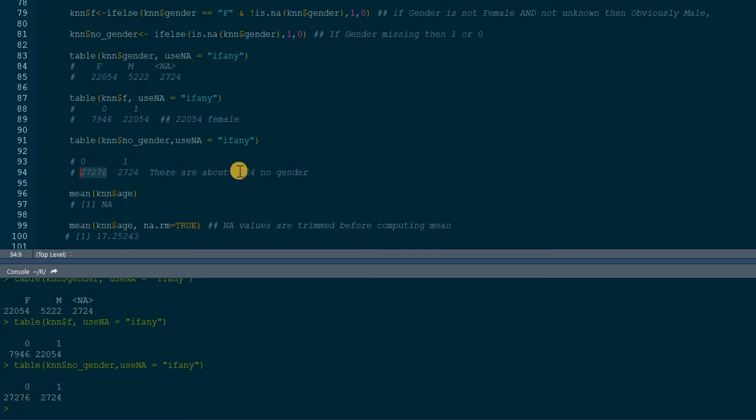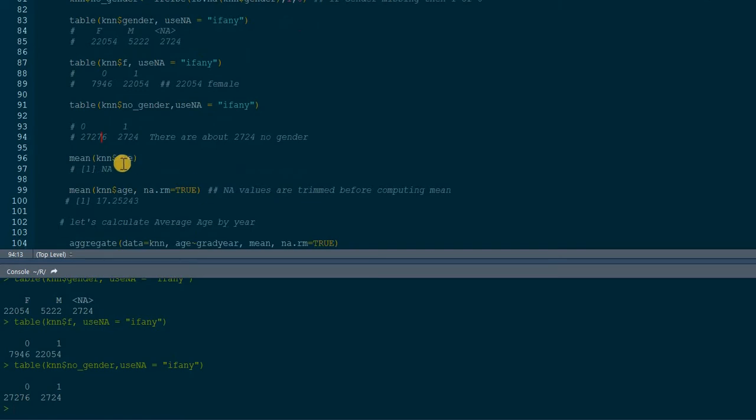There are about 2,724 that have no gender at all, whereas 27,000 have gender. So these two numbers should marry up. This number plus that number, male plus this number, should tally up to 27,000.